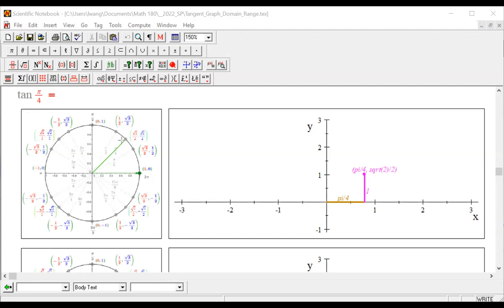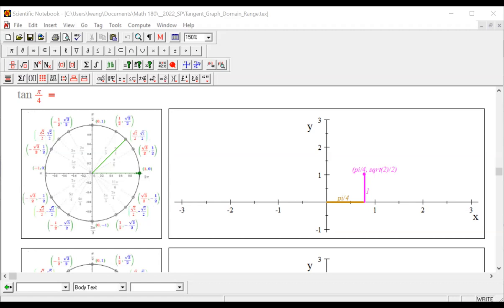Pi over 4 terminates over there. And there's a point on the terminal, which is also crossing with the unit circle, which give us the cosine and sine, and x, y, right? The red number is x, the blue number is y, and these two numbers happen to be the same right now.